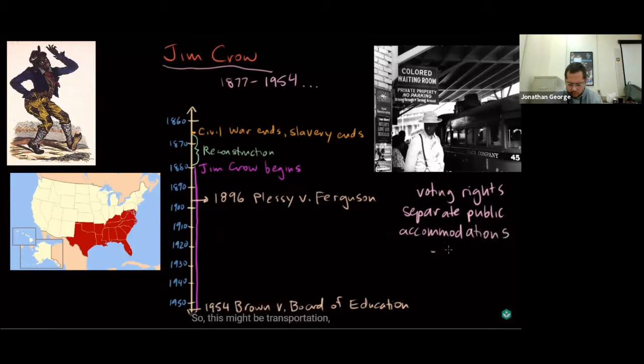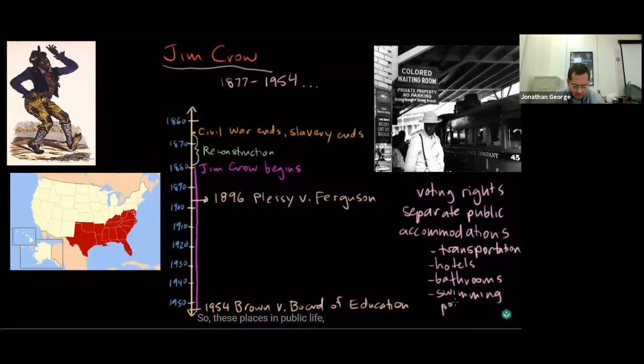So this might be transportation, separate areas in trains and buses, or hotels, bathrooms, swimming pools, water fountains.